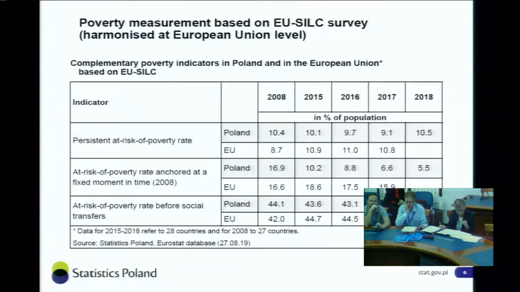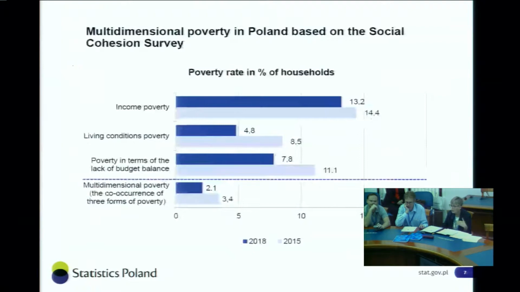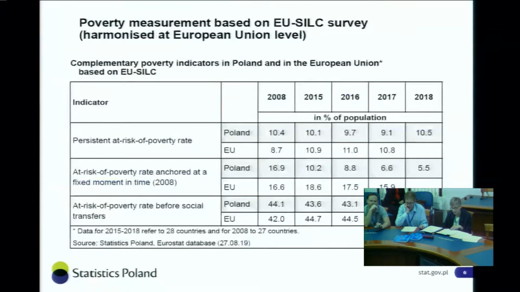It is the persistent poverty rate, the at-risk-of-poverty rate before social transfers, and also the at-risk-of-poverty rate at a fixed moment in time, because the reference year for monitoring the strategy 2020 is 2008, the poverty line we use from 2008. In our paper you will find detailed definitions of each indicator.